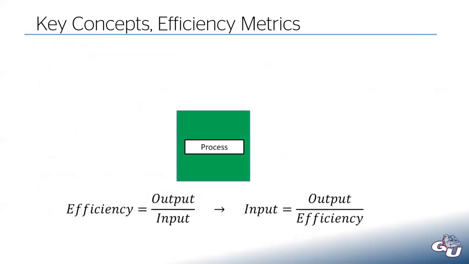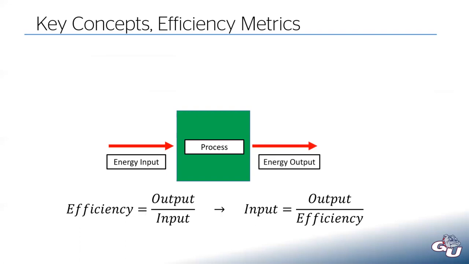So to put this idea of efficiency into a simple diagram, let's say you have a simple process. You're going to put some energy in, you're going to get some energy out, but because processes aren't perfect, you're going to have some waste, which means that ultimately you are going to have to put in more on the input side than you get out on the output side.